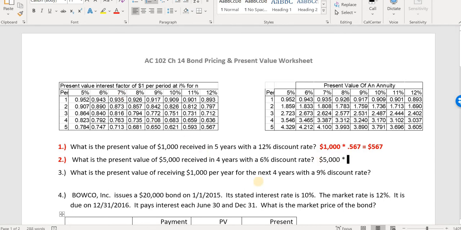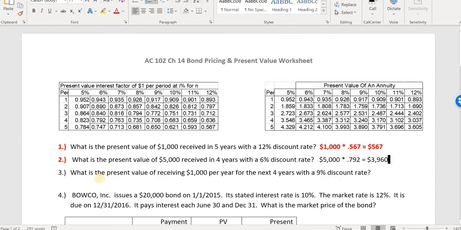Our factor is 6%, 4 years. 0.792. 5,000 times 0.792, $3,960. That's what receiving 5,000 in 4 years is worth to me today.